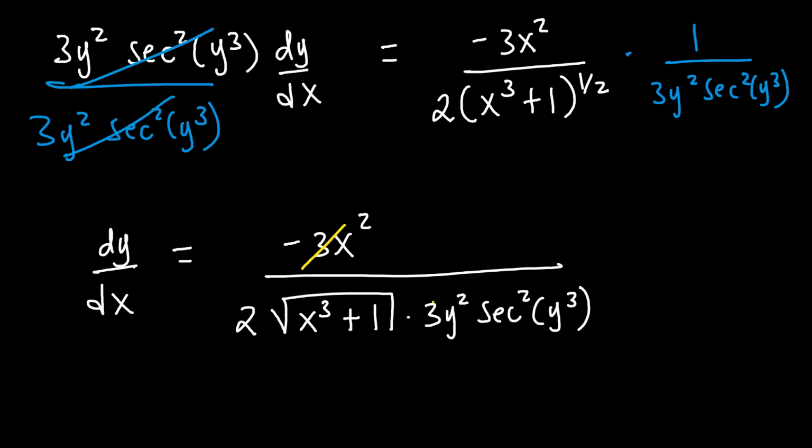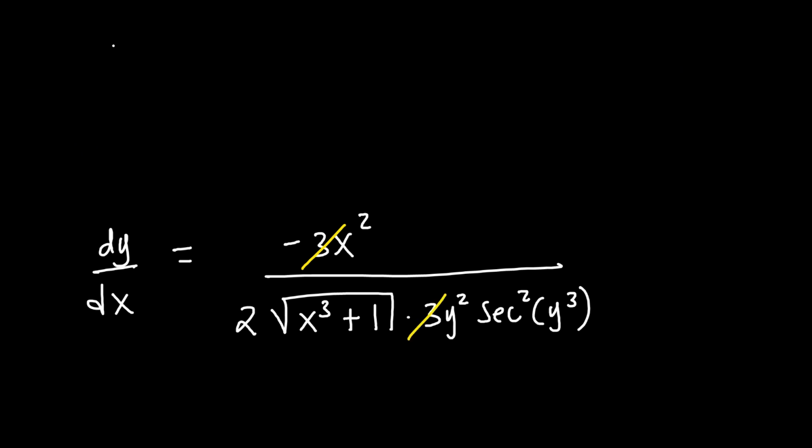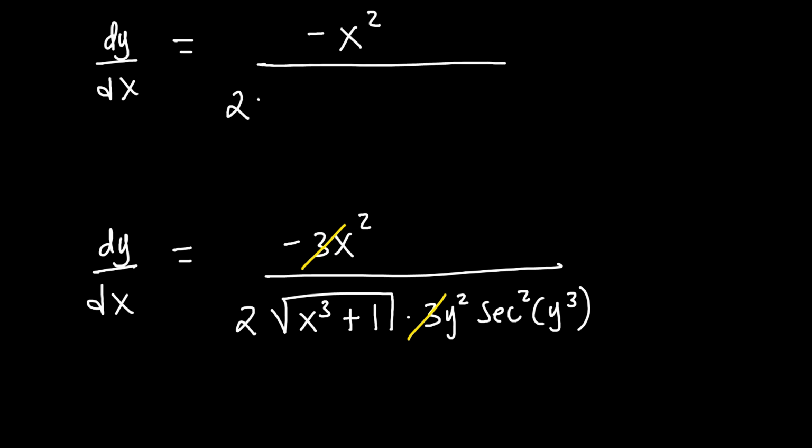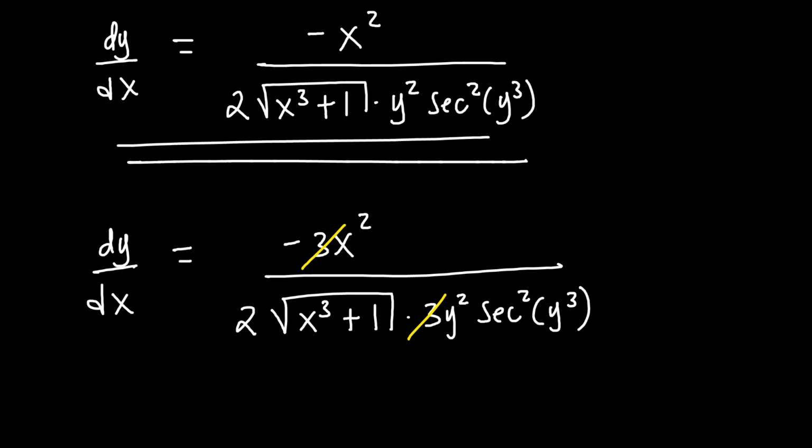This 3 will cancel with that. And so our final answer will be dy divided by dx equaling negative x to the power of 2 divided by 2 times the square root of x to the power of 3 plus 1, and then times y to the power of 2 times secant squared y to the power of 3.